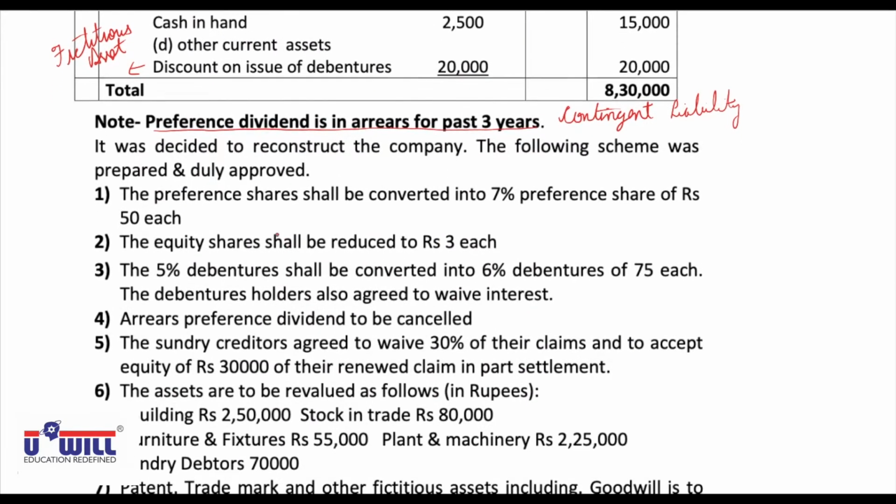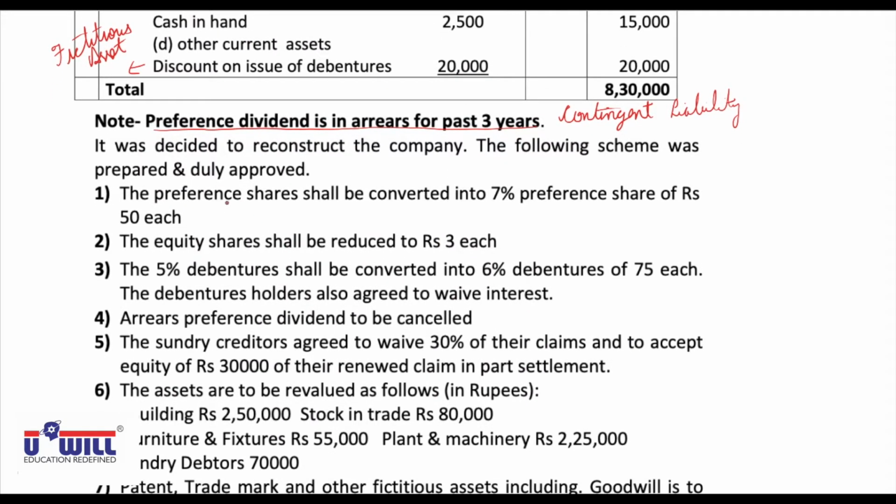Now, it was decided to reconstruct the company. So how will you identify in your exams that the question is on internal reconstruction? The word reconstruction will be given. How will you differentiate that it indicates internal rather than external reconstruction?